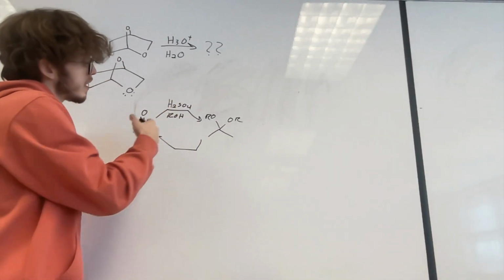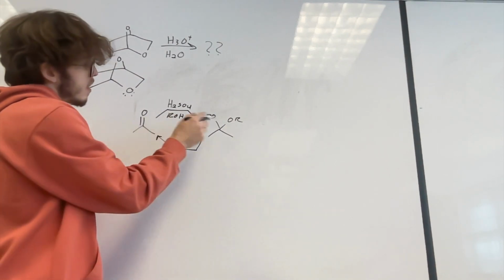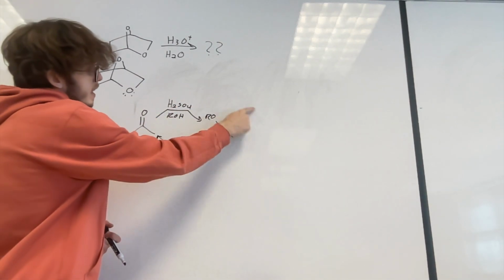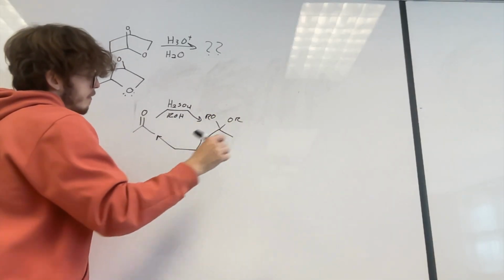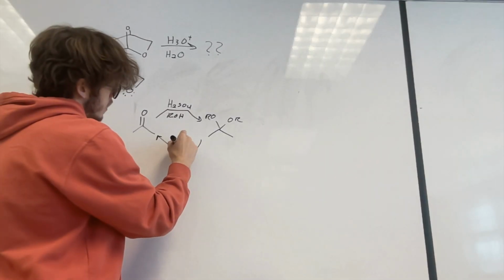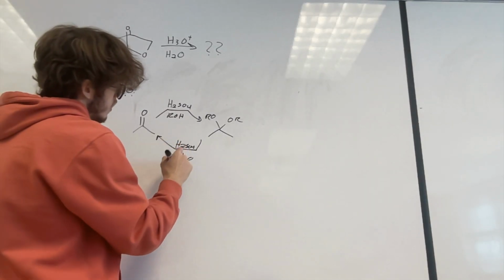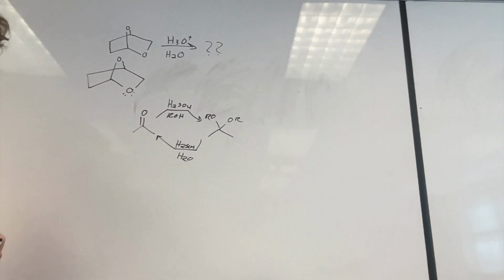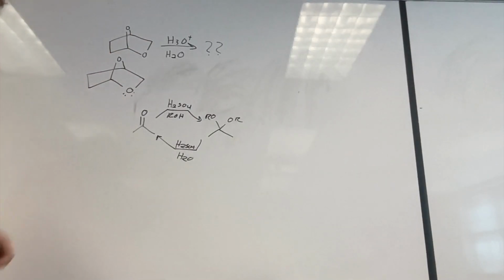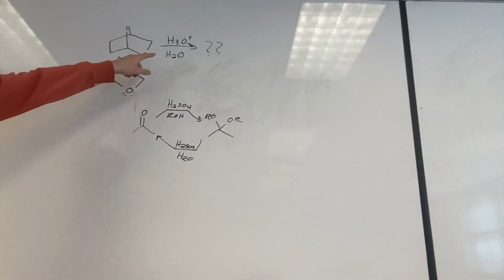Okay, we use acidic conditions in ROH, ROH meaning our alcohol, where you're going to get an acetal. But if we instead swap out the ROH for H2O, and we also use acidic conditions, well, we're going to get our ketone right back. And in this case, we have acidic conditions, H3O plus and H2O.